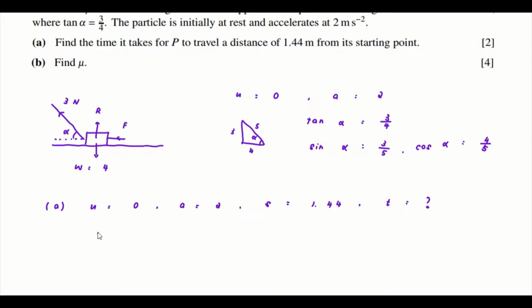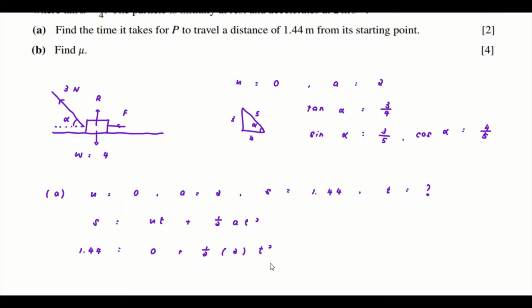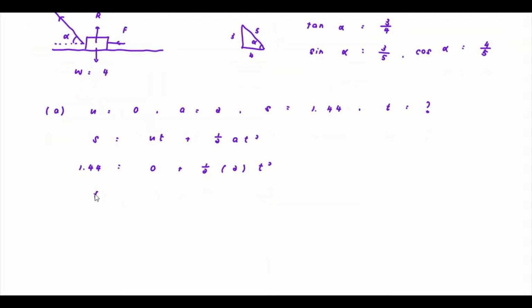So s equals ut plus half at squared. Then we have t squared equals 1.44. Taking the square root, we have 1.2. T must be greater than 0, so we only take the positive part. So t is 1.2 seconds.